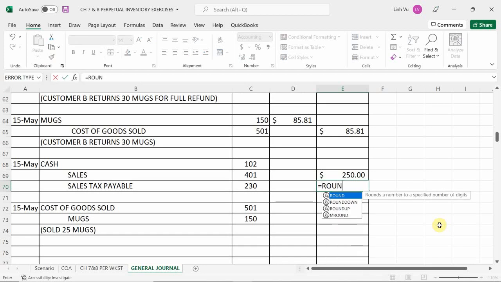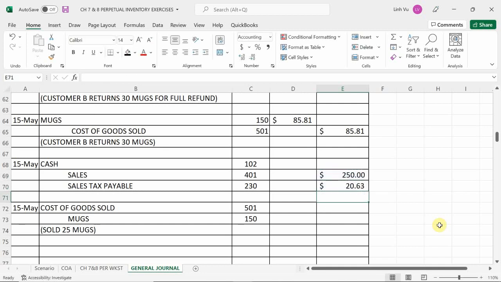I need to figure out how much the tax is, which is 8.25%, which is going to give me $20.63. So in this case, I should get a grand total of $270.63.